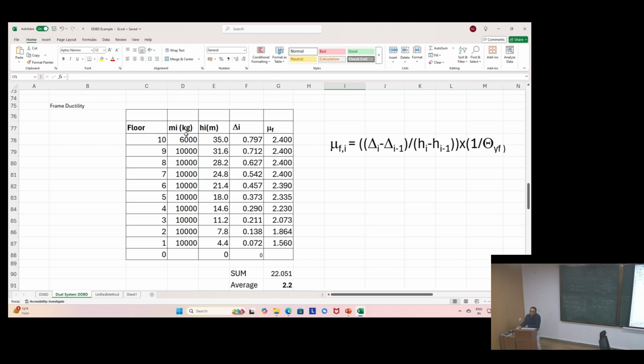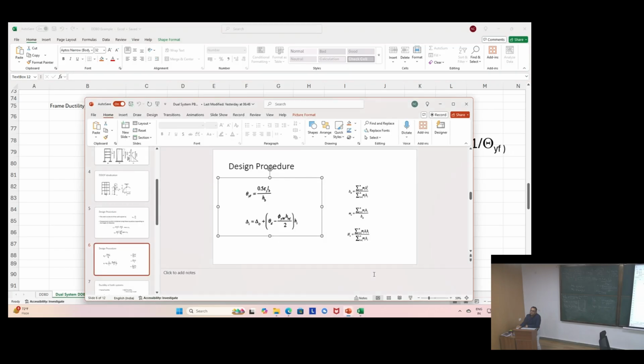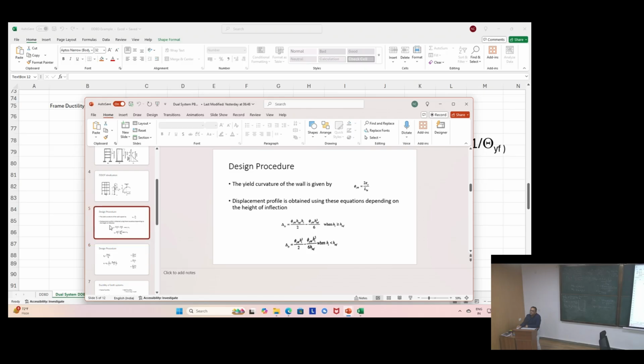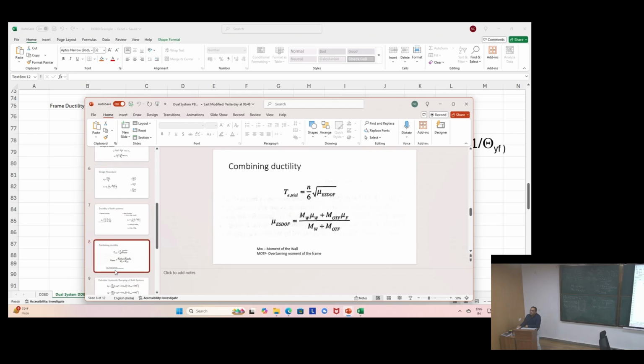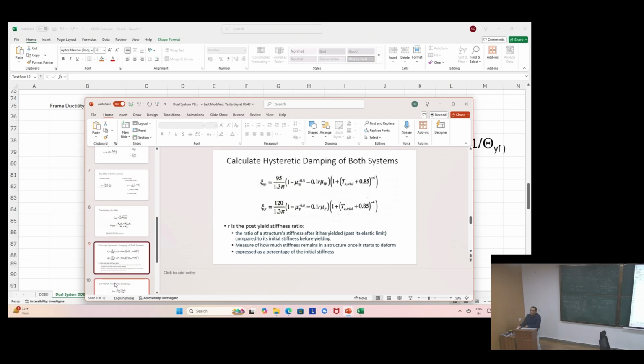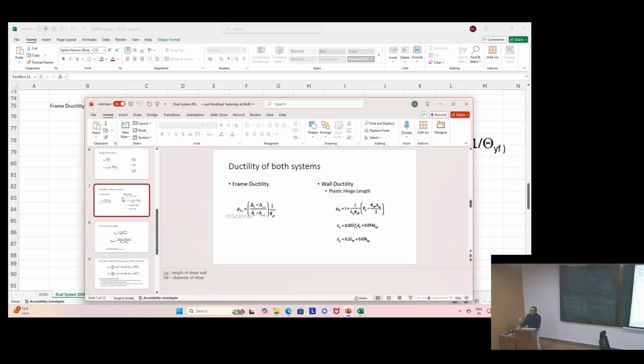So we need MI, HI, delta I, which we can copy from above, and then we can calculate mu F. Mu Fi is given by this equation here, which we also did earlier, our frame ductility equation.